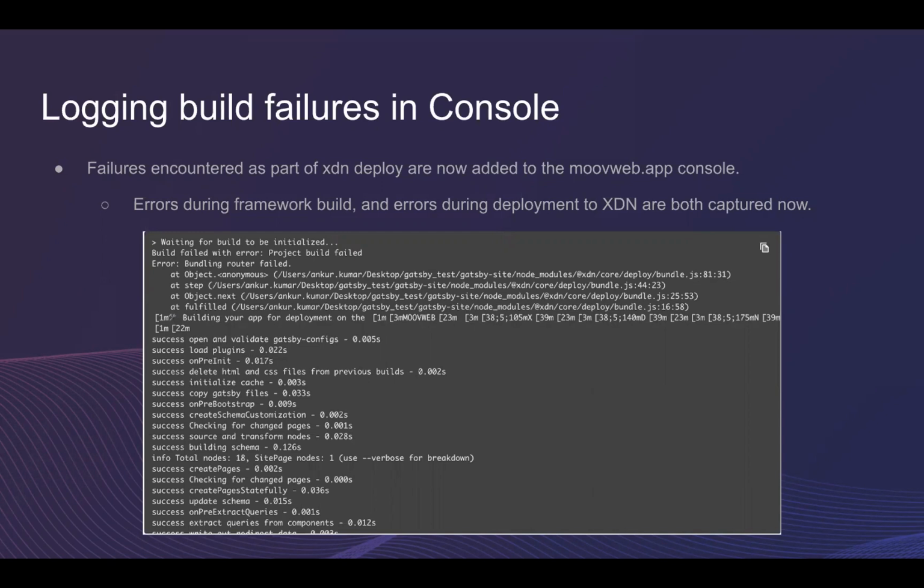And then there's the preparation of that to get deployed onto the XDN. And that second phase, we've always been recording those errors and reporting them. But now we're actually reporting and capturing the errors that aren't, in some sense, part of our responsibility, but we're capturing them so that you can triage and record them and share them with others as well. So that's what we're adding here.